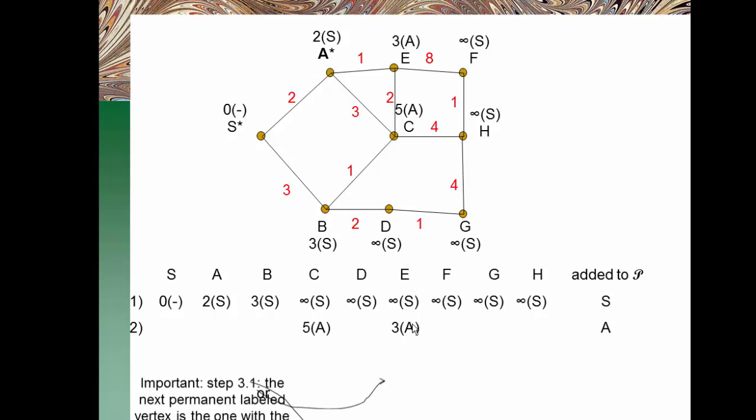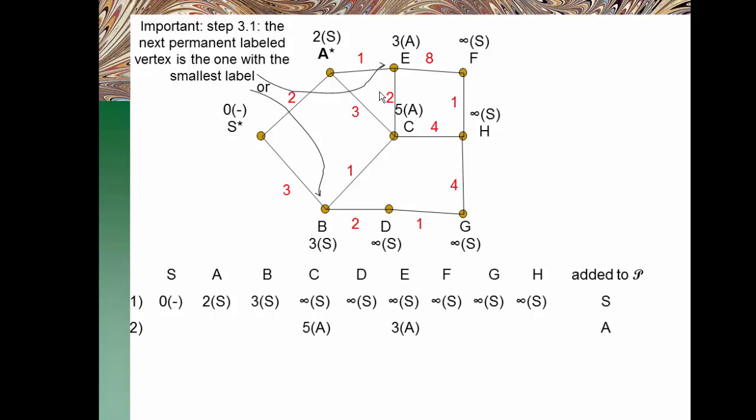Now we go back to step 3.1. We choose the smallest label from the vertices that don't have permanent labels. So we don't consider vertices S or A. Now the current smallest label is 3, but we have that for B and we have that for E. We have the choice between two vertices, so we're going to pick alphabetically.